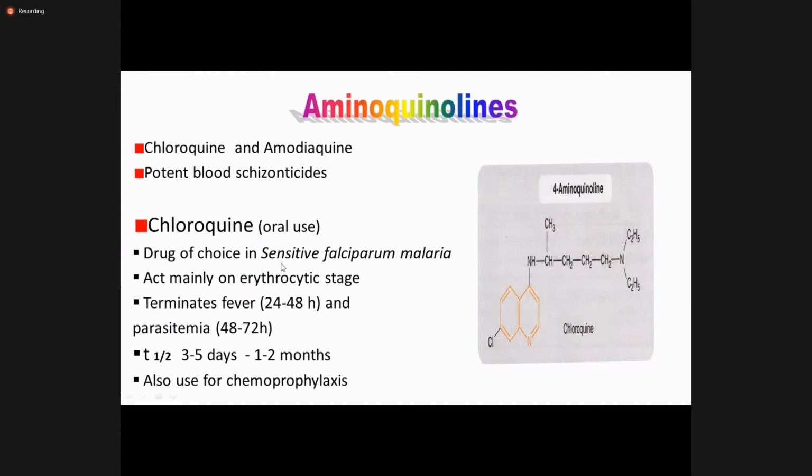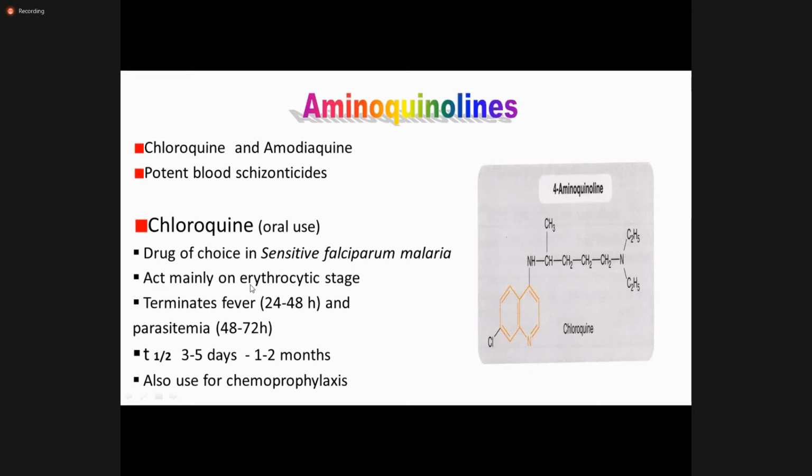Chloroquine is given usually as an oral drug. It may be given as IV, but it is usually used as an oral drug, and this is used for falciparum malaria. You know, this form of malaria is very resistant and dangerous. So, chloroquine is usually effective against this falciparum malaria.